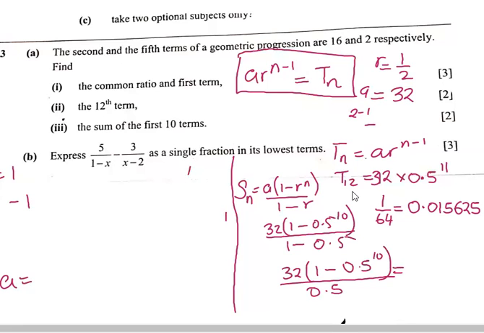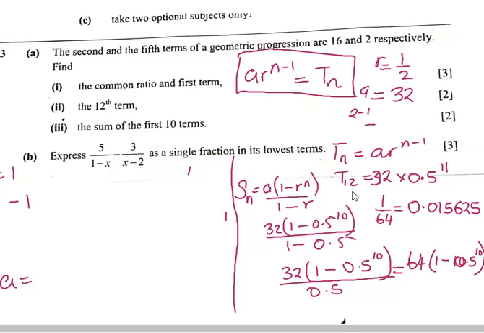When you divide 32 by 0.5, what do you get? It gives you 64. So you have 64 multiplied by 1 minus 0.5 to the power 10, and you close. Then you work that out on your calculator.